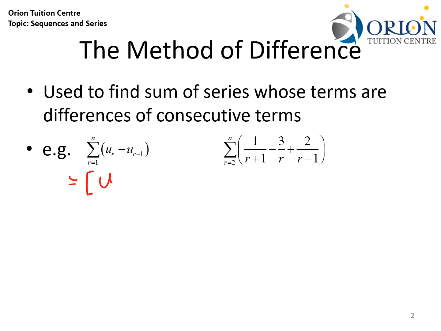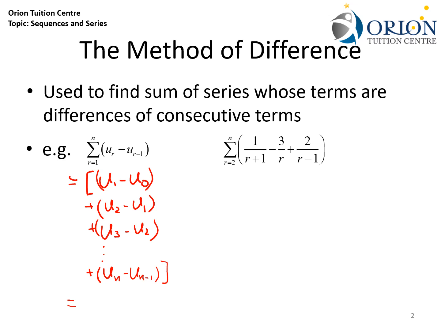For example, in this first term over here, if we expand it in a vertical way, we will have u1 minus u0 as the first term, plus u2 minus u1 for the second term, u3 minus u2 for the third term, and so on, all the way until our very last term, un minus un minus 1.